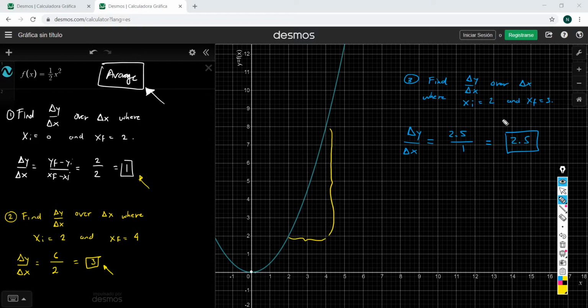Well, if I calculate now, if I use an even tinier interval, this interval from 2 to 3, which is this one in here, and this is the corresponding value of delta y, then you can see that it's 2.5. The average rate of change in y with respect to x is 2.5.